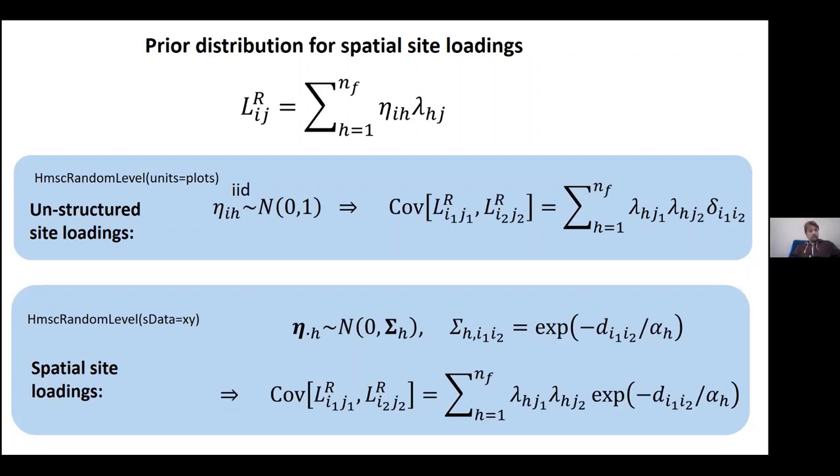What we have implemented is that you can have an arbitrary number of these random effects. So you can plug in one for space and one for time, but then you are kind of estimating the main effects of space and time, but not the interaction between these.